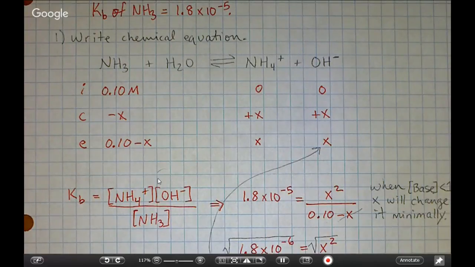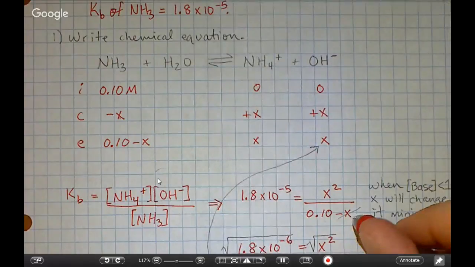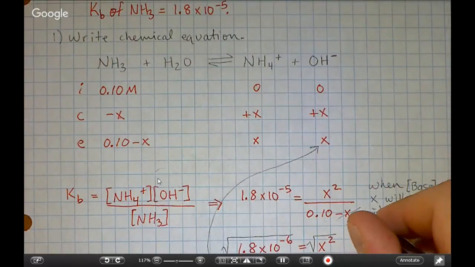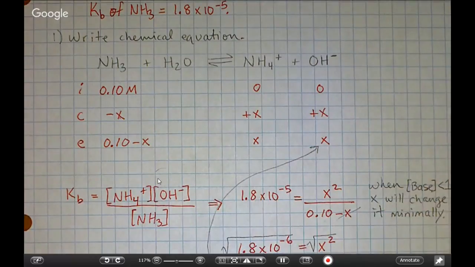I mean, I'm sure you could, but if it was greater than 1, we wouldn't be able to cross x out, and what we'd have to do is solve it and get a quadratic equation, and then use the quadratic formula to solve, which is more work. You could put it in your calculator, and you get a positive and a negative, so obviously we choose the positive value.